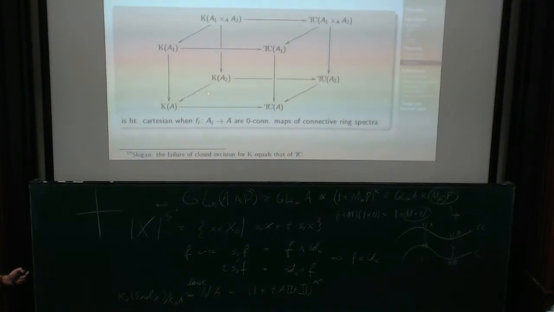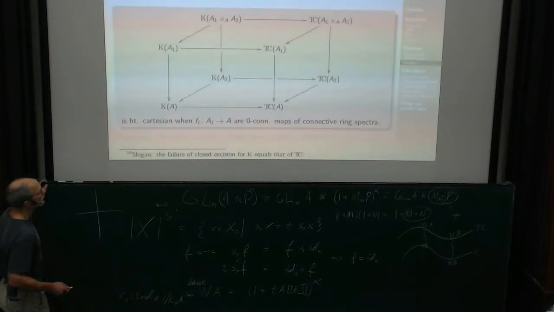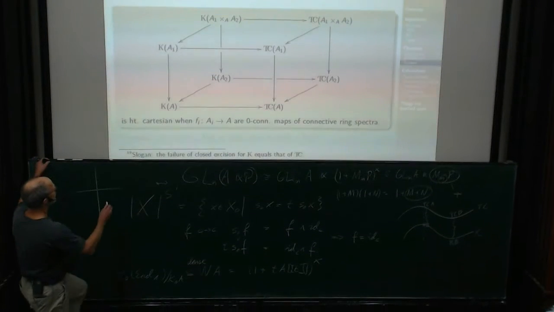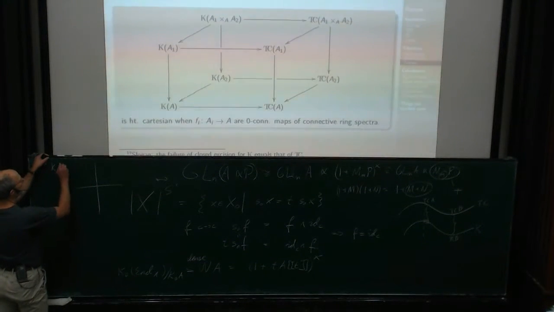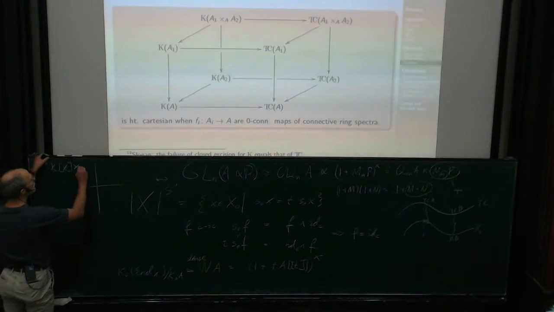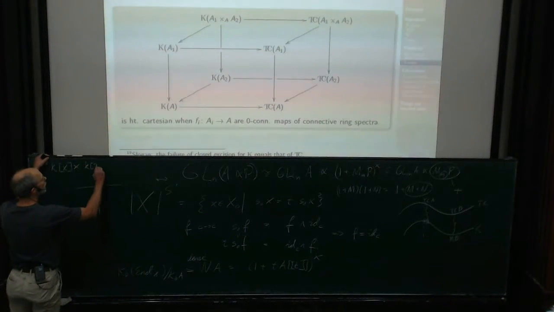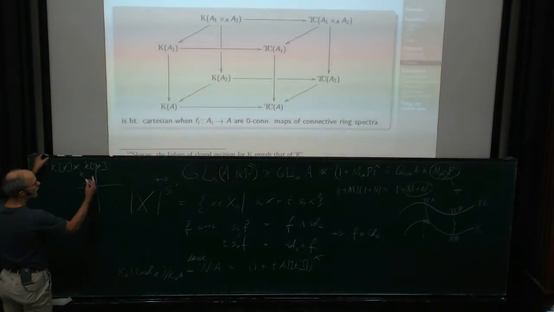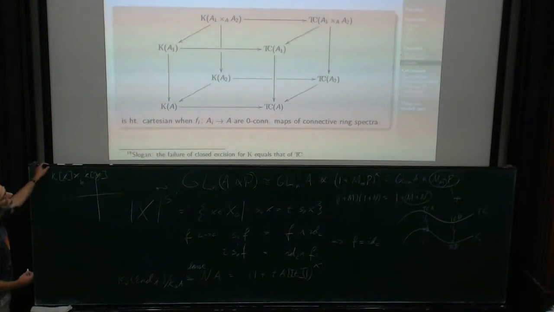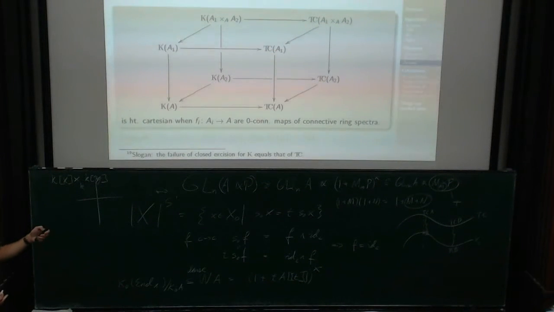Then you can wonder, and this here is the example of k[x] times k[y] over k, that's just the cross. You can wonder what happens if I glue A1 and A2 along A. That is the same in the affine world as the product of A1 and A2 over A. So this is typically one of these singularities.